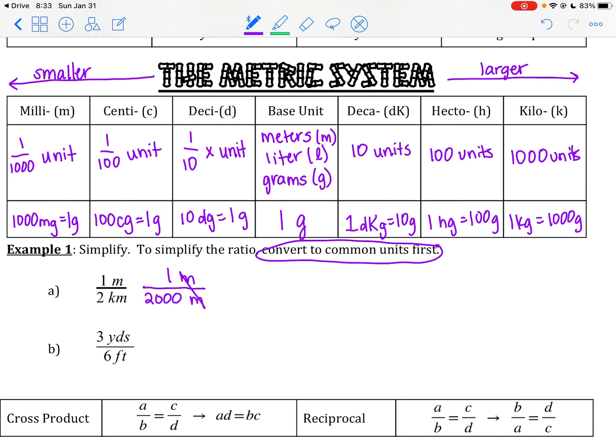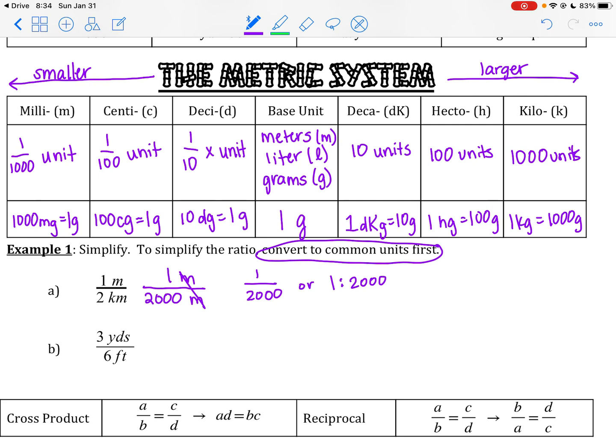Once I cancel out my units, my ratio is 1 to 2,000. It can be written as a fraction, or it can be written with the colon, so 1 to 2,000. So if I'm using ratios, I want to make sure that in a single ratio, my units match so that I can have a common ratio. All right, so in the next one, we have 3 yards to 6 feet.